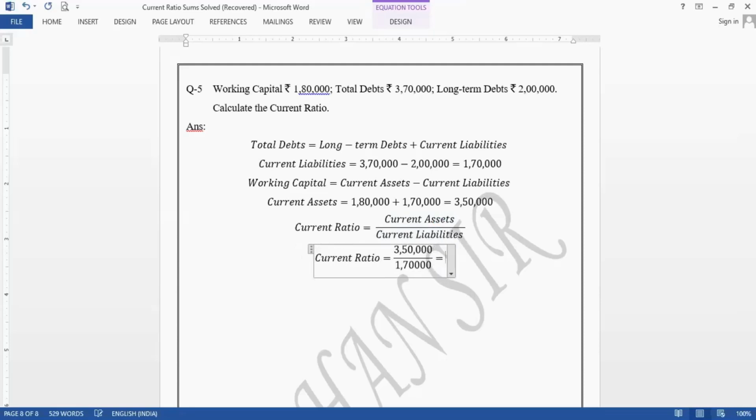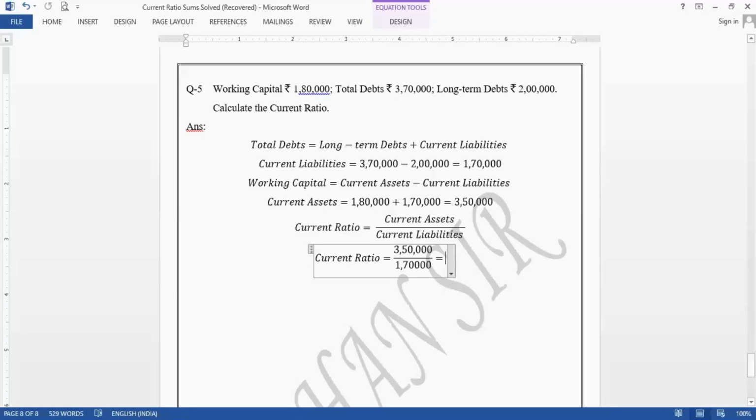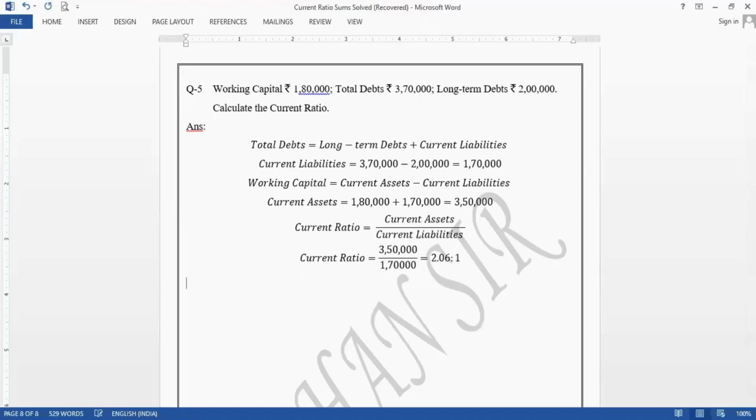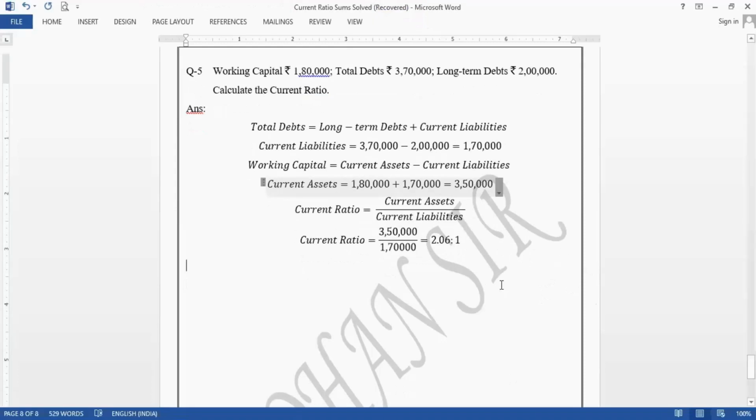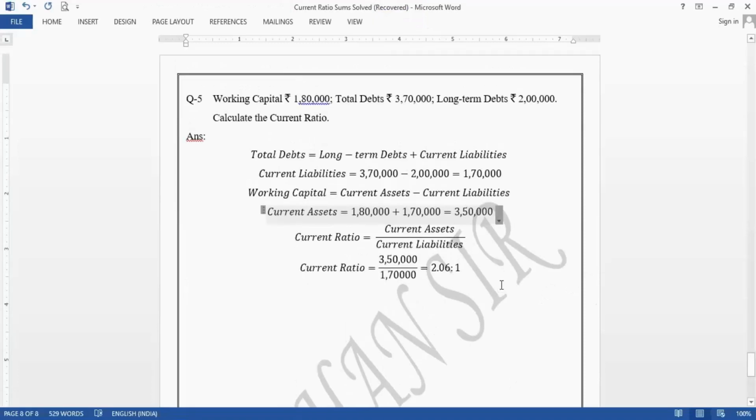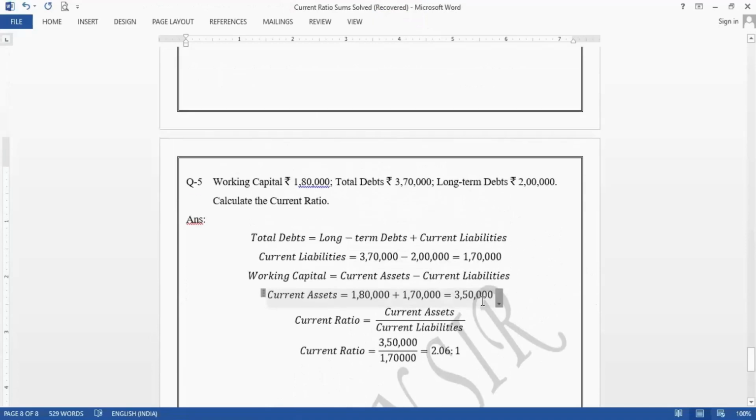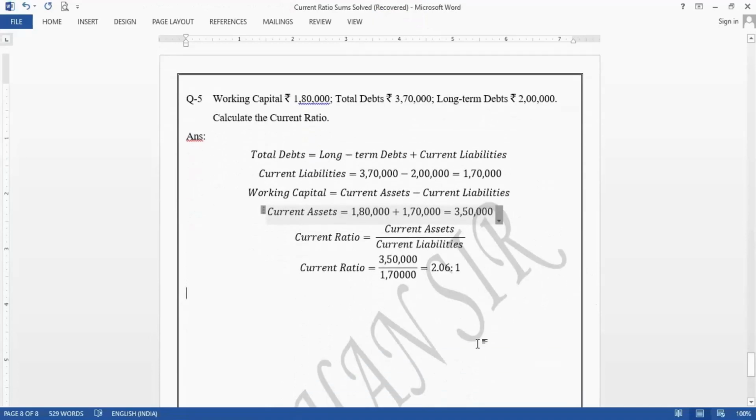So 3,50,000 divided by 1,70,000 is equal to 2.06 ratio 1. So this is how we solve the sum. I'm sure you have all understood how to solve the sums based on current ratio. I have tried to cover the different types of sums. Thank you so much.